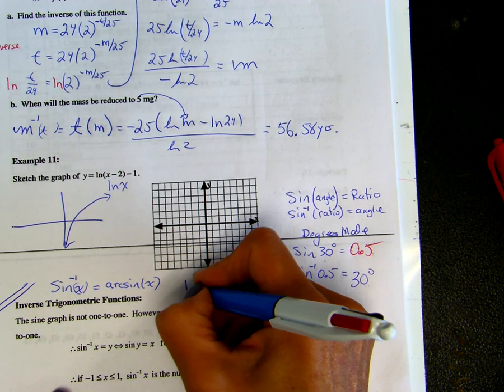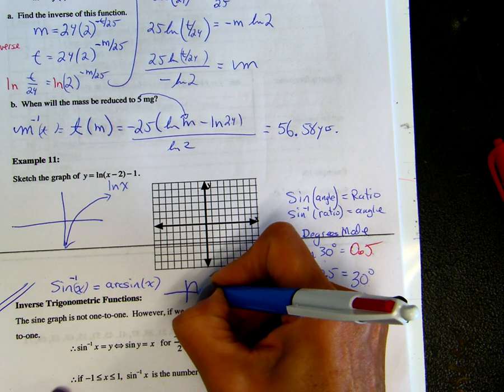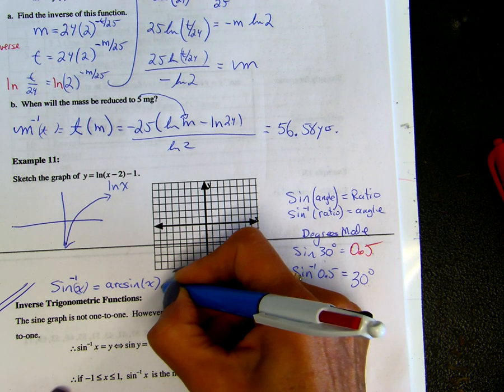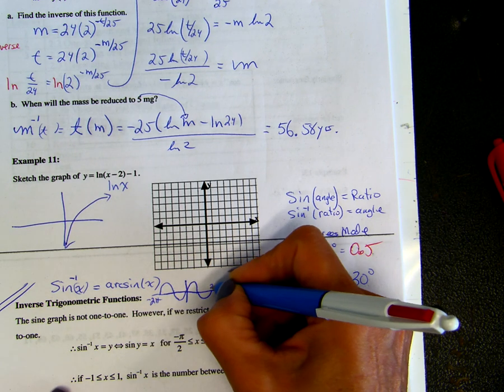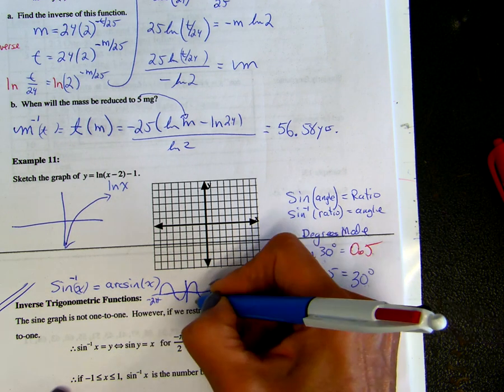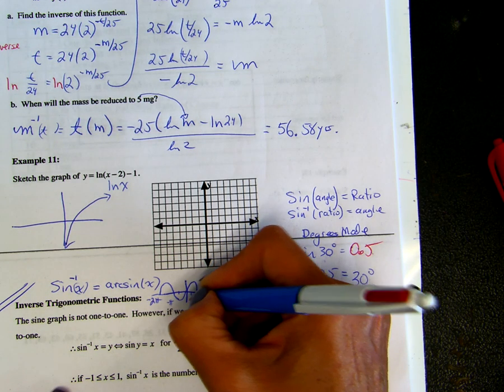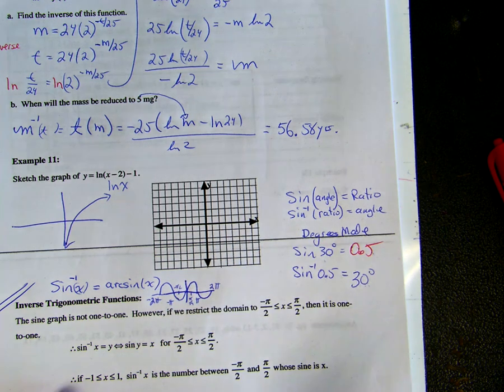Okay, so a quick sketch of your sine graph right here. Center top, center bottom, back to the center, and I'm actually going to do 2 rotations. That is from negative 2 pi to positive 2 pi. And pi by 2 and negative pi by 2.